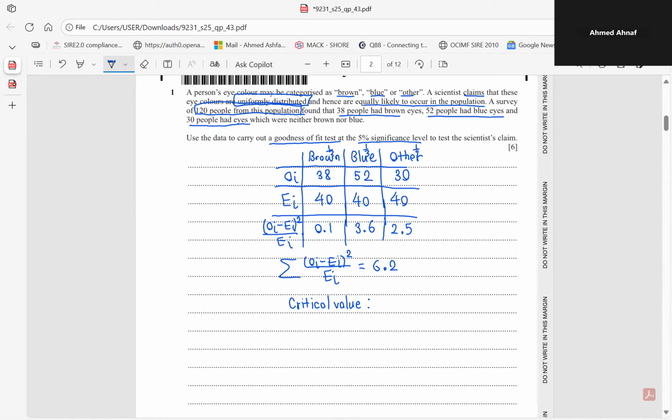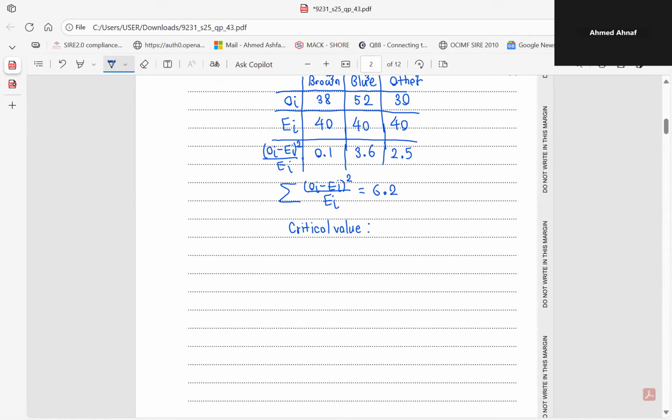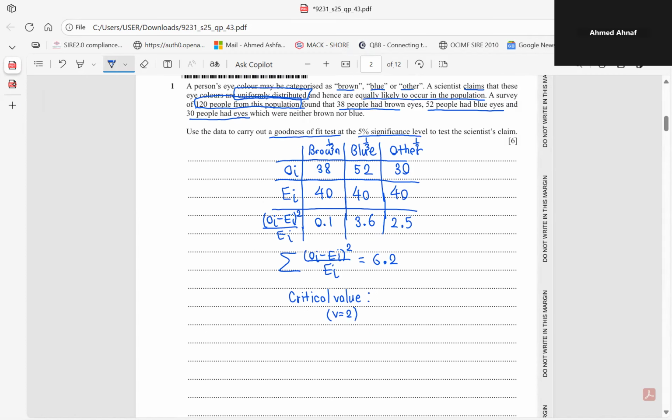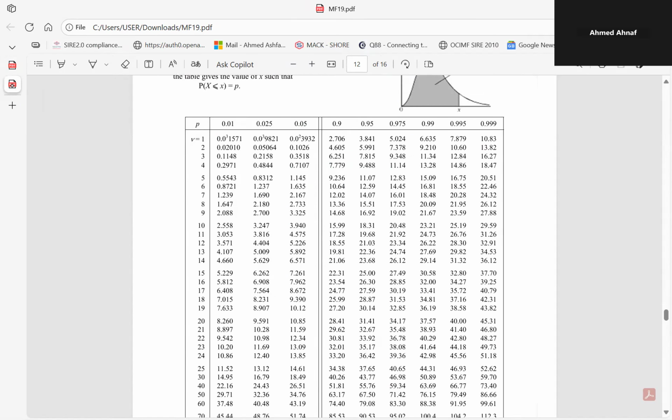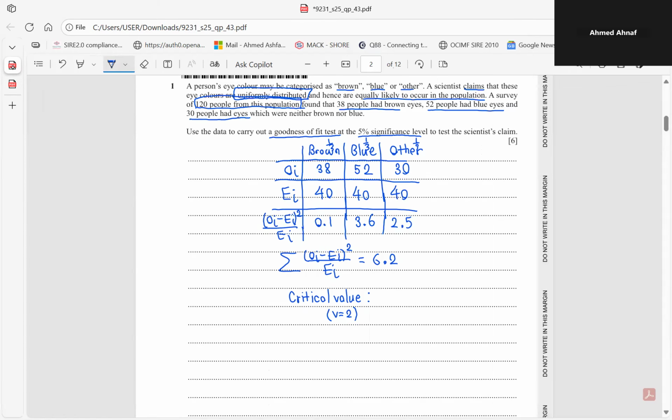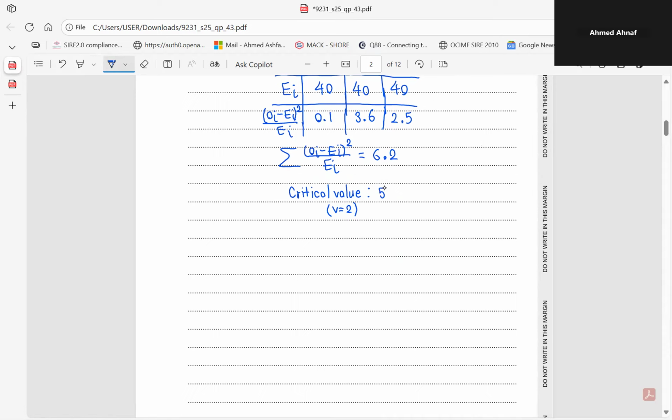Since we have three categories here, our degrees of freedom will be 3 minus 1, which is 2. And since our significance level is 5%, our p-value is 100% minus 5%, which is 0.95. Looking under 0.95 and 2 degrees of freedom, we get 5.991. So the critical value is 5.991.